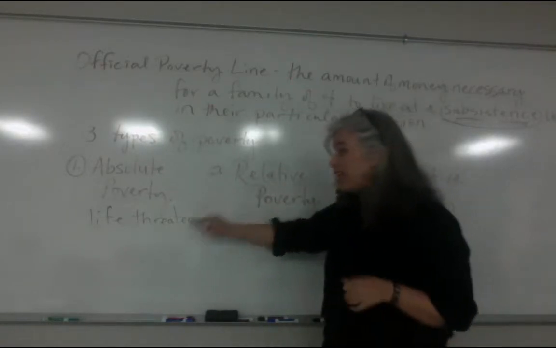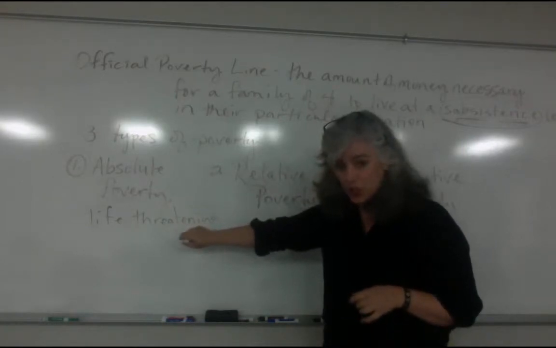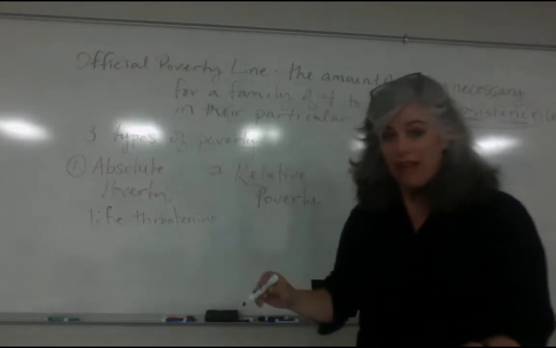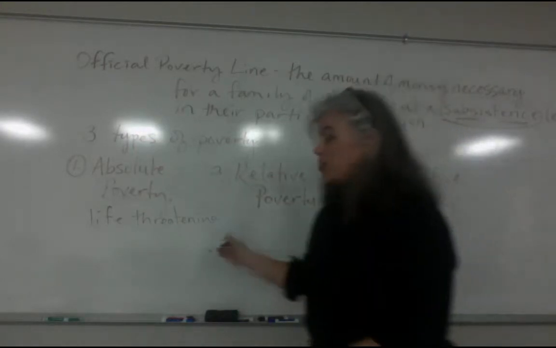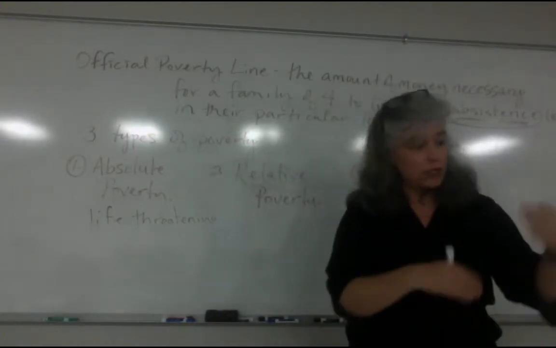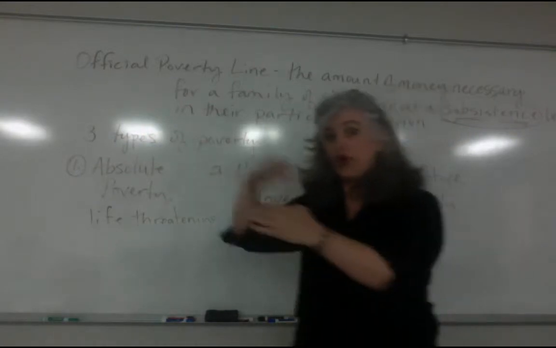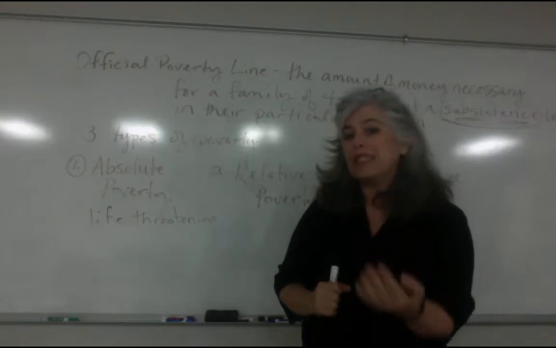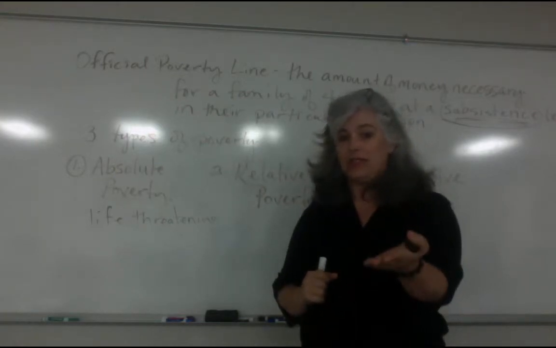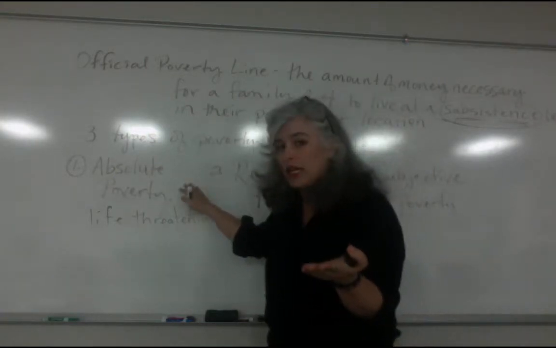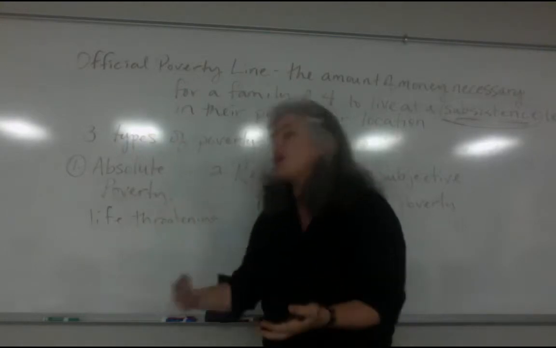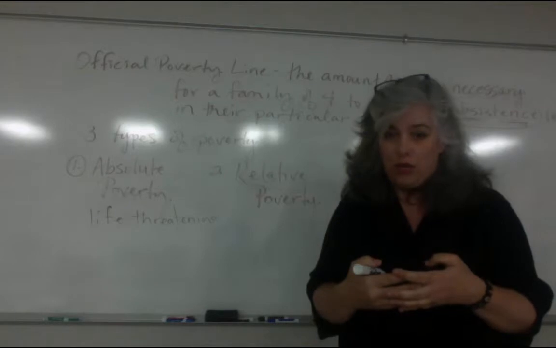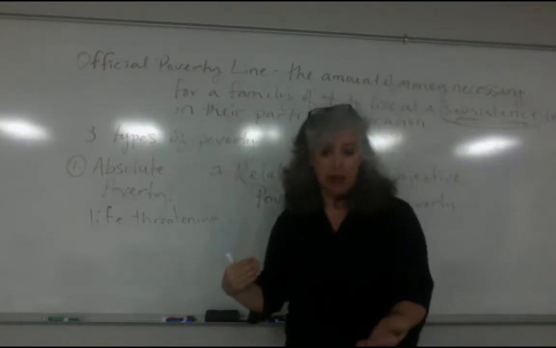Because you don't even have regular access to or control over subsistence level supplies so that you can comfortably go to sleep at night and be confident that you're going to wake the next morning. Or if you have people dependent upon you for their subsistence needs, absolute poverty includes whether you are able to provide the dependents that you have with a subsistence level.